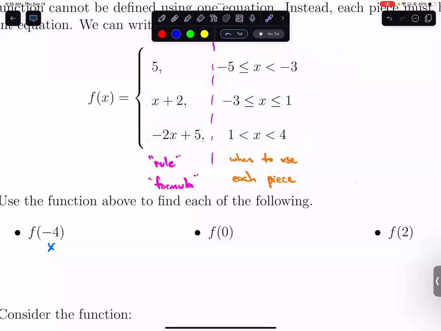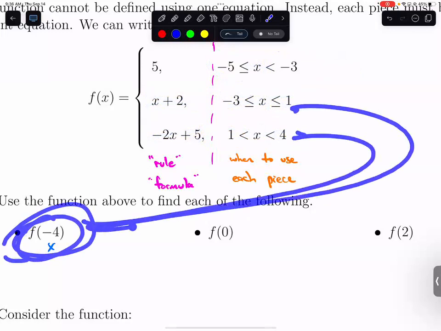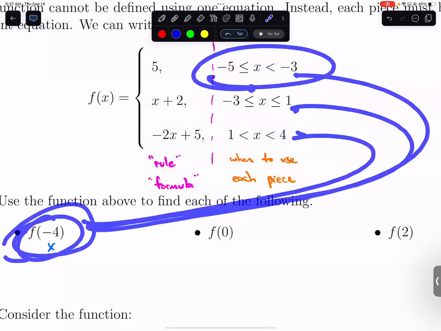Again, if you want to actually write out the inequality and say, oh yeah, that works, that's fine. Probably once you've done it 2 or 3 times, you won't really need to write that out. If you do, that's fine. But I'm just looking for which of these 3 pieces it lands in. Well, it's this one. That means I use this, right? Okay.